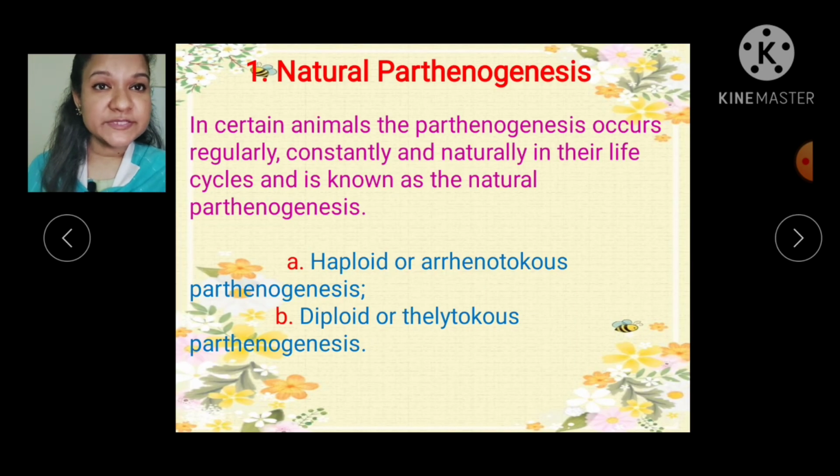So, natural parthenogenesis. In certain animals, parthenogenesis occurs regularly, constantly and naturally in their life cycles and is known as natural parthenogenesis. Natural parthenogenesis is again of two types: haploid or arrhenotokous parthenogenesis and diploid or thelytokous parthenogenesis.